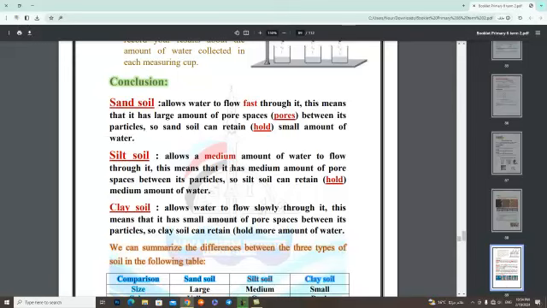This means that it has a medium amount of pore spaces between its particles. So silt soil can retain a medium amount of water. Clay soil allows water to flow slowly through it. This means that it has a small amount of pore spaces between its particles, so clay soil can hold more water.